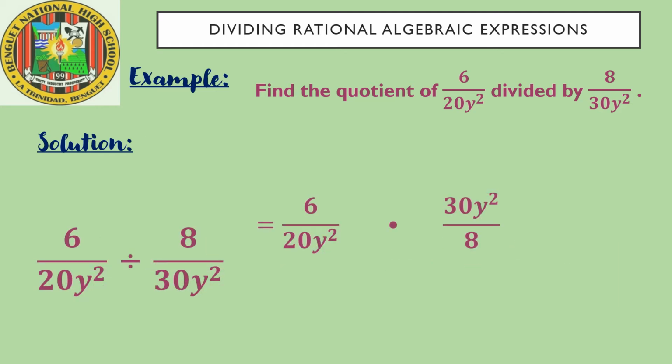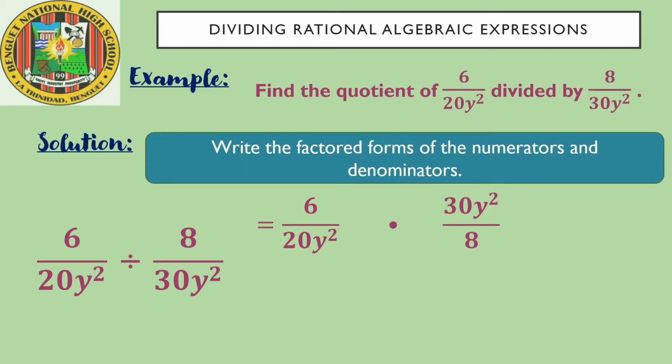The next step is to rewrite the numerators and the denominators of the RAEs into their factored form. As you have learned in the multiplication of RAEs, factoring the numerators and denominators can help us identify common factors that we can cancel out later in the solution.